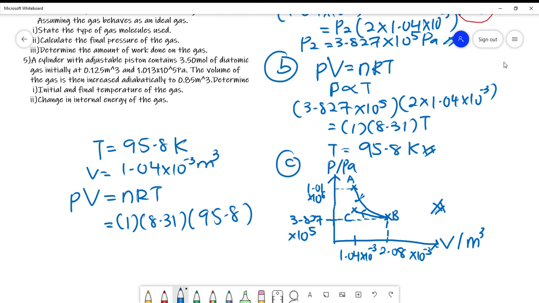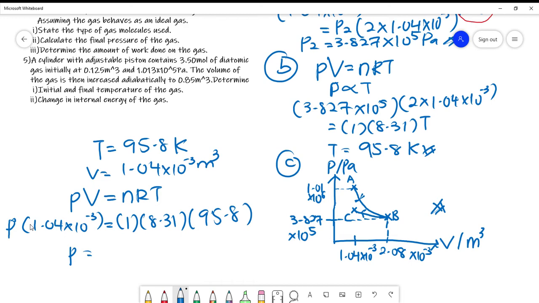So what will be my V? My V is 1.04 times 10 to the power of negative 3. So this will be my P: 8.31 times 95.8 divided by 1.04 times 10 to the power of negative 3.